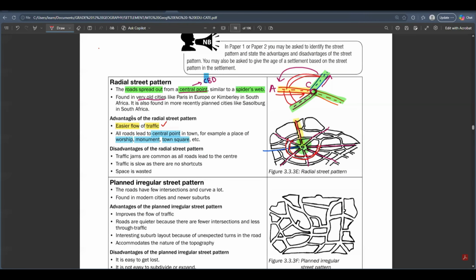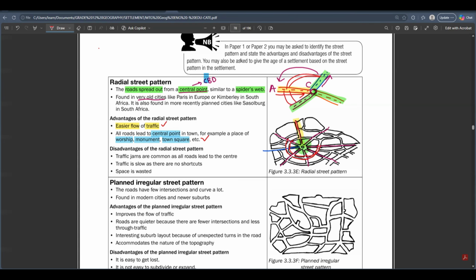We're saying that in a radial straight pattern, all the roads are leading towards a central point. It's an advantage. It makes it easy to access the central point, such as a CBD, or maybe a town square, or maybe a place of worship. Other churches have got these many roads coming to one place. Or a monument, as I've already given an example, maybe in a place where you will see the Nelson Mandela statue, there will be many roads leading towards those places.